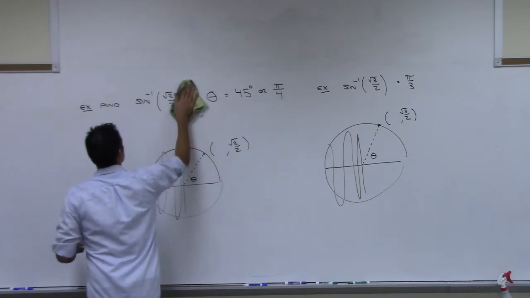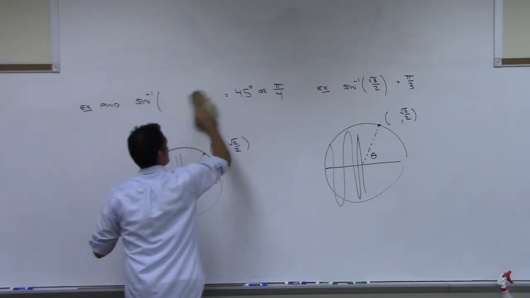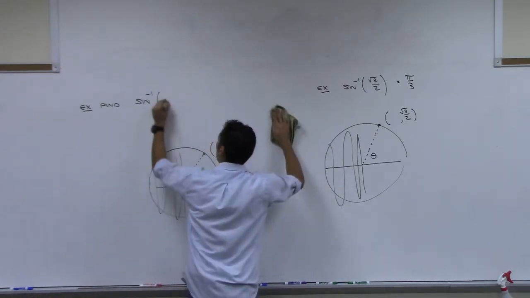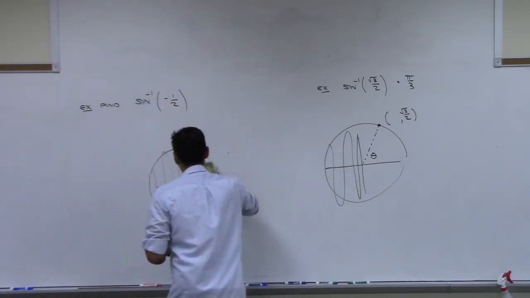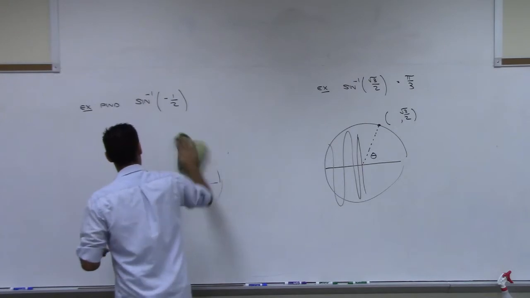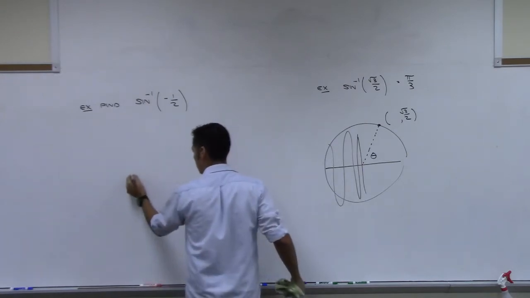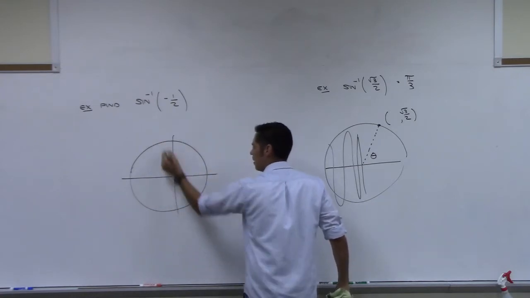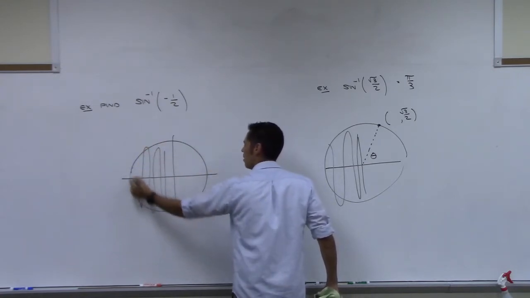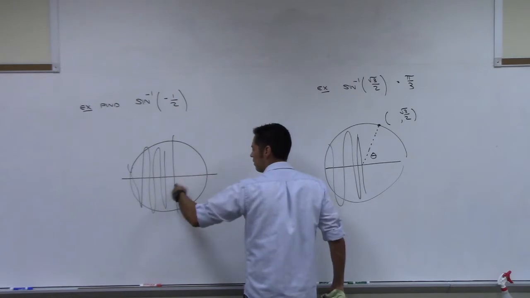Let's do another one. How about arc sine of negative 1/2? Okay, good. So we go to the unit circle again, not looking over here, only looking between pi over 2 and negative pi over 2.